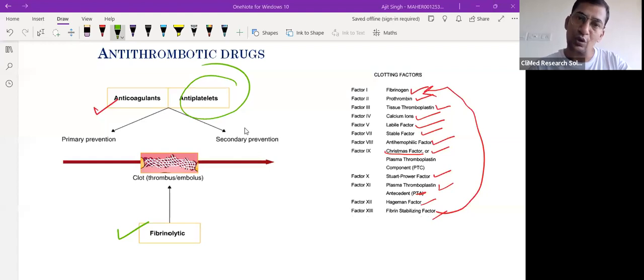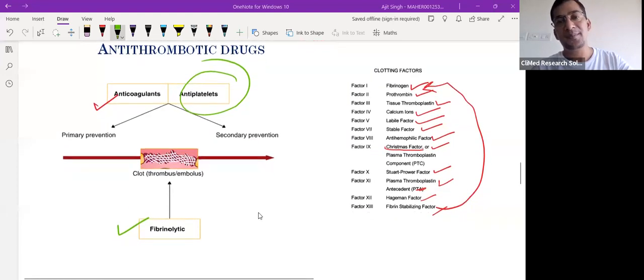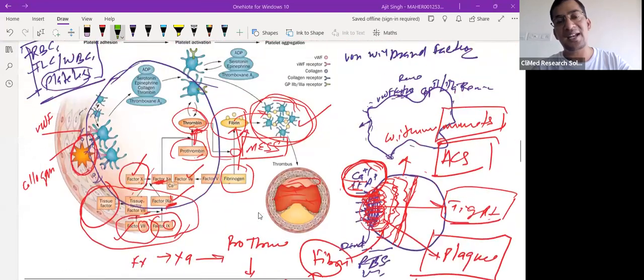Fibrinolytics are never prophylaxis; these are the treatments. Anticoagulants could be both, but antiplatelets are purely prophylaxis.